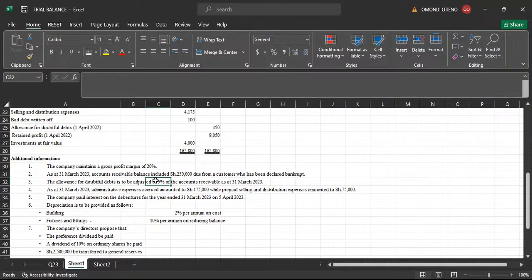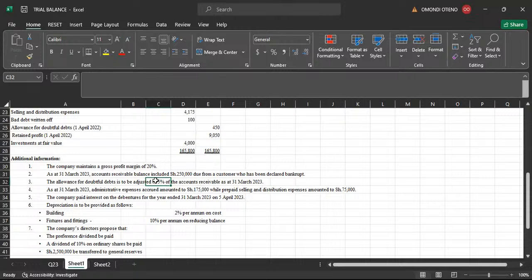As at 31st of March 2023, administrative expenses accrued amounted to 175,000, while prepaid selling and distribution expenses amounted to 75,000. The company paid interest on debentures for the year ended 31st March 2023 on 5th of April 2023. The financial year ends on 31st of March, but interest is being paid on 5th of April 2023.